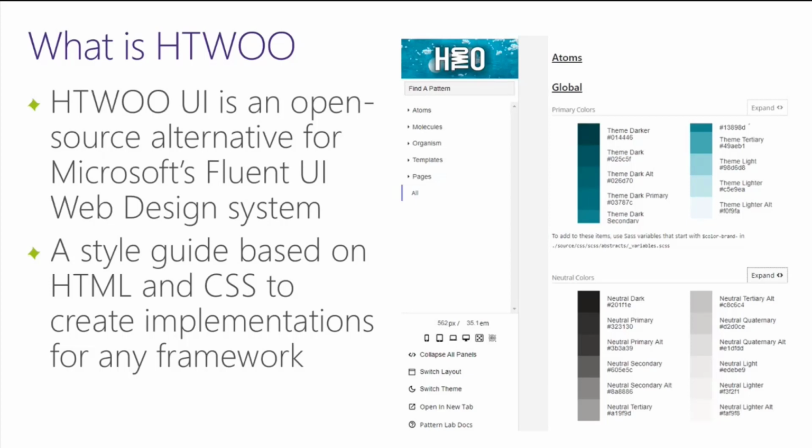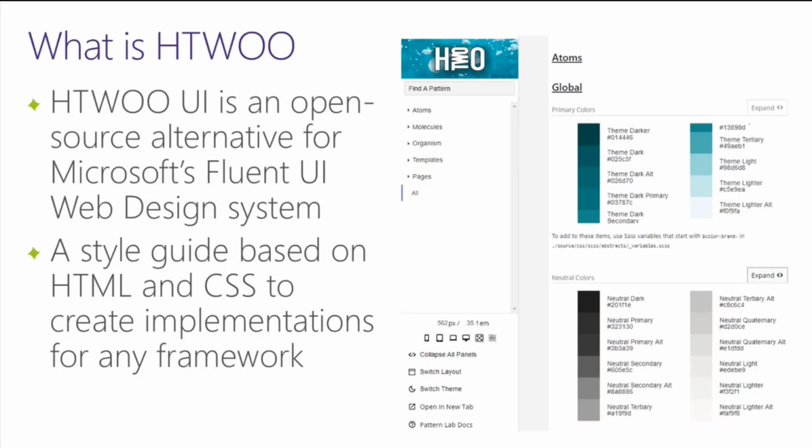To start off, let me give a level set on what HtwoO is. HtwoO is an open source alternative for Microsoft's Fluent UI web design system. It is an HTML and CSS library written by Stefan Bauer, and it is out in the ecosystem.